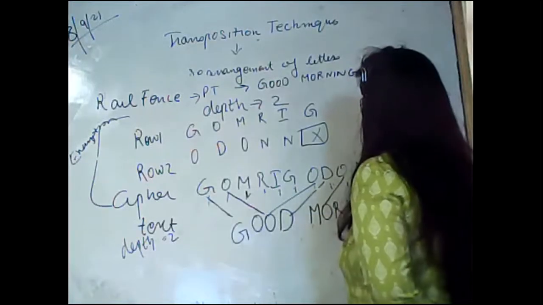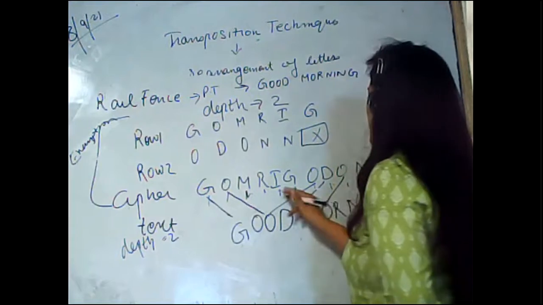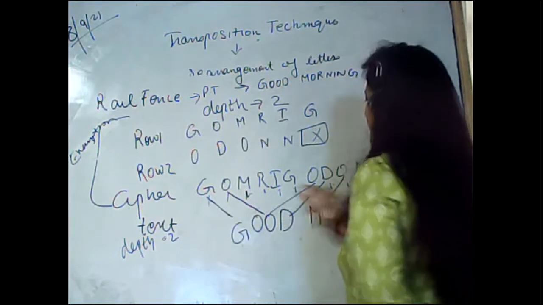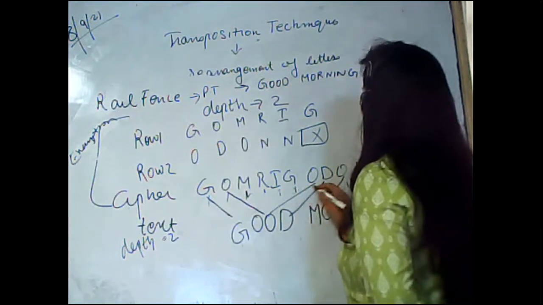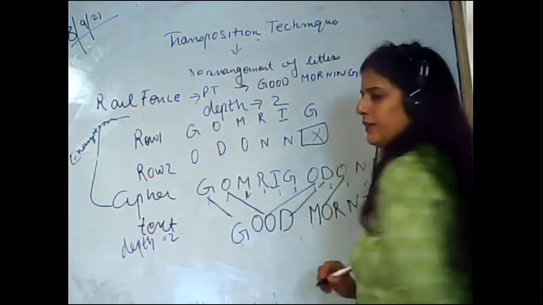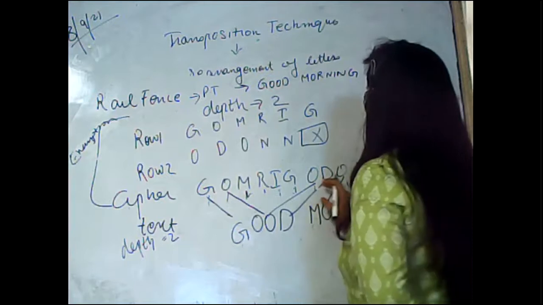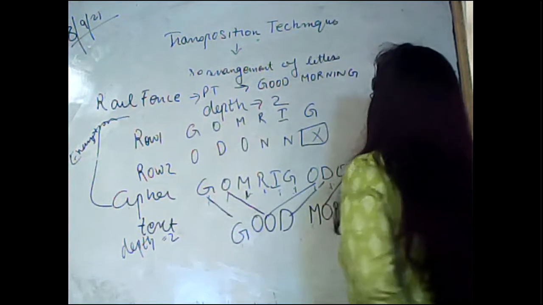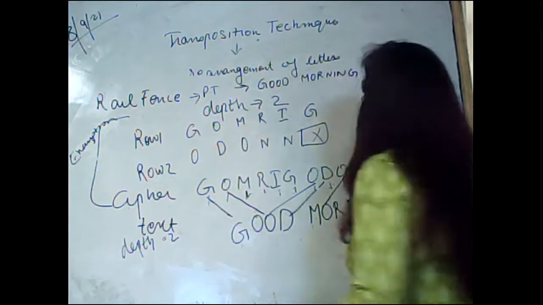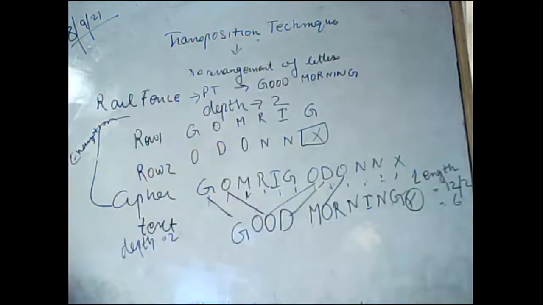So R is here: 1, 2, 3, 4, 5, 6, N. Then we have I. I is here against the 6th element: 1, 2, 3, 4, 5, 6. Then is G: 1, 2, 3, 4, 5, 6. That is the X element, which we can include as the last element.